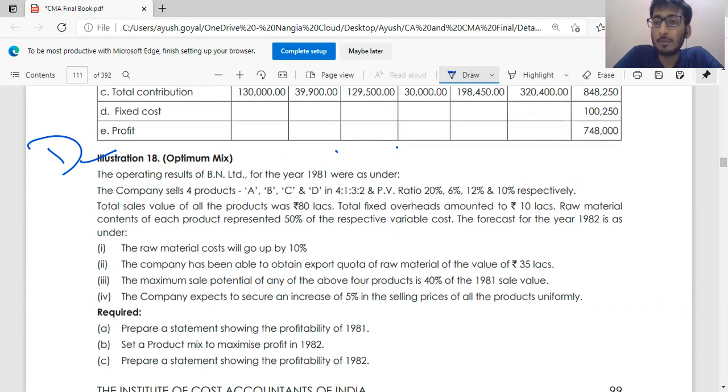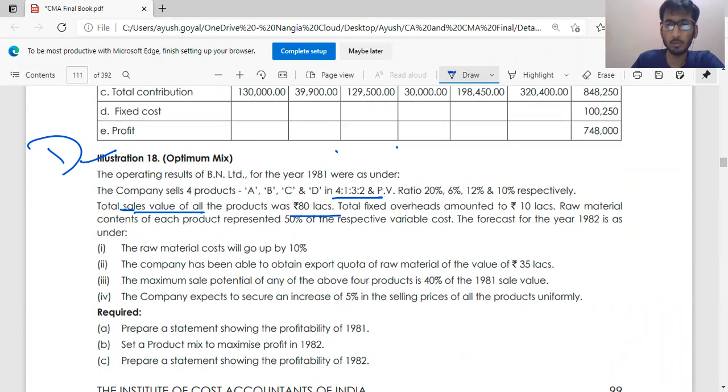The company sells four products A, B, C, D in the ratio of 4 is to 1 is to 3 is to 2. So the total sale value is given to us and the ratio is given to us, so we can calculate the sale value of each product.